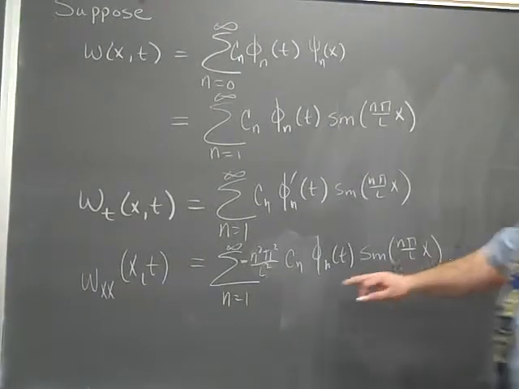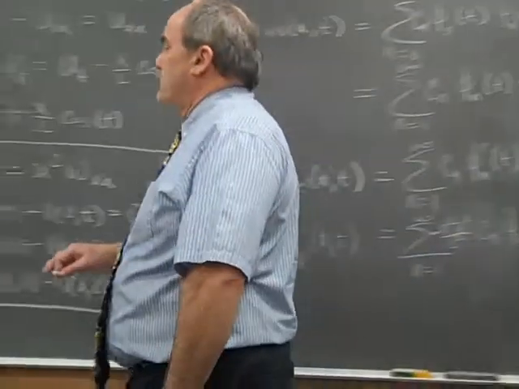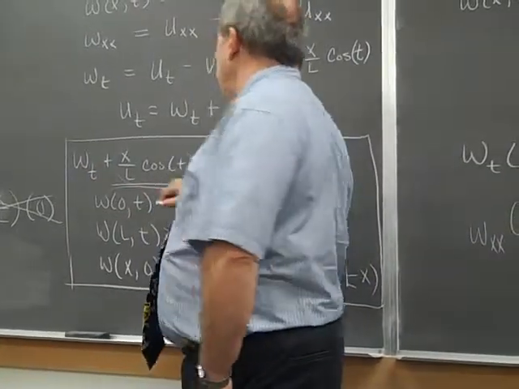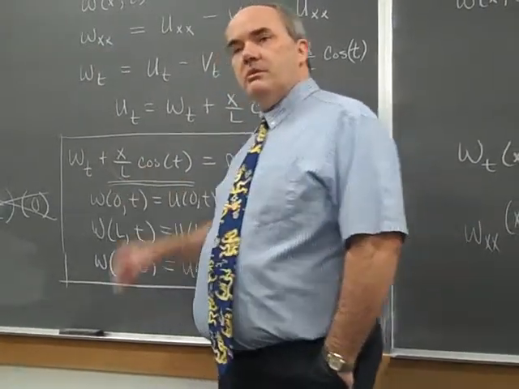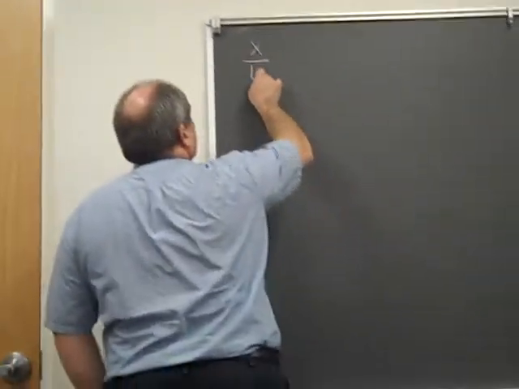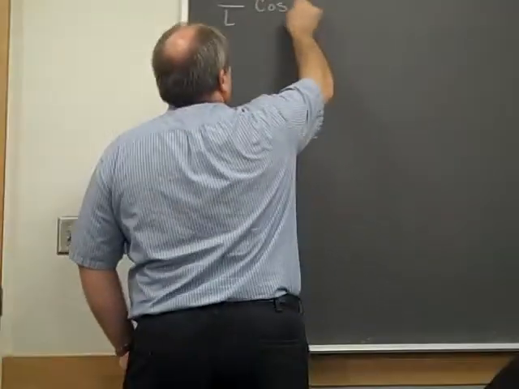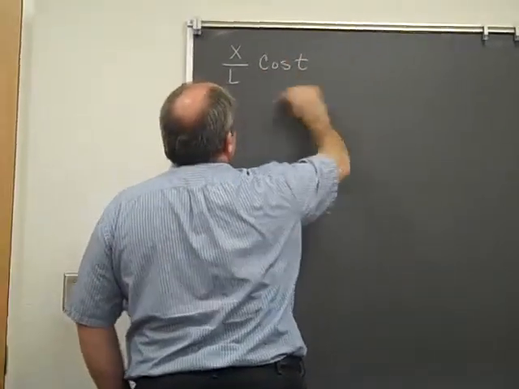Since everything else is a sum from 1 to infinity, I would really like this to be that way also. So what I'd really like to be able to do is come over here and say, okay, I've got x over L cosine t.